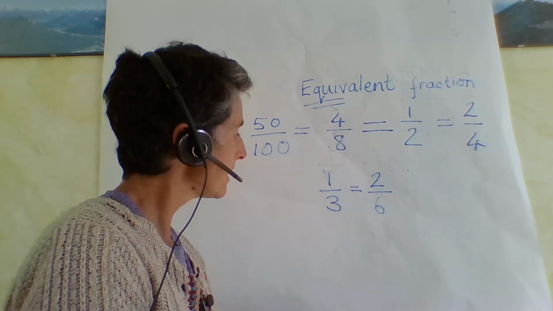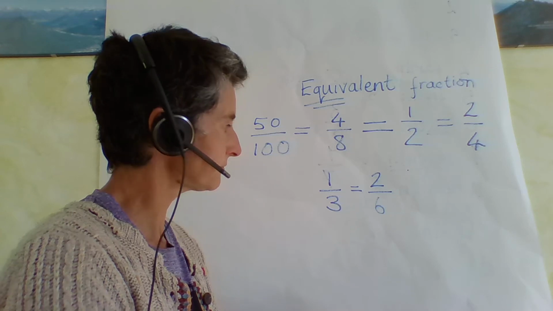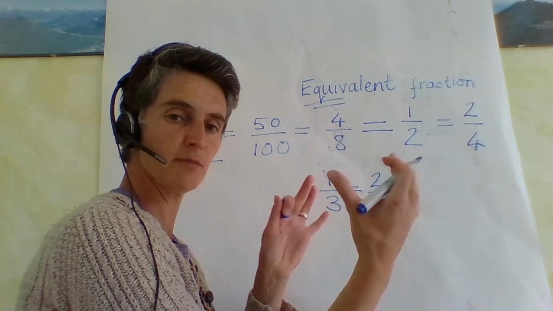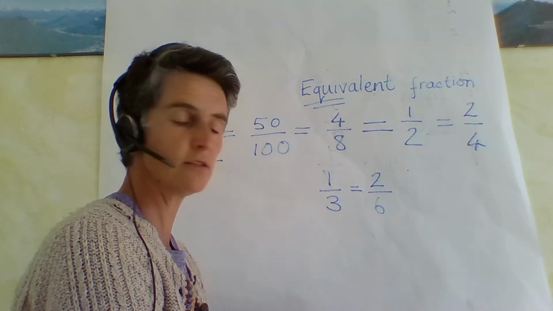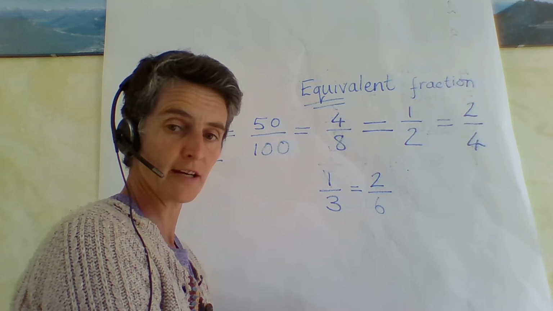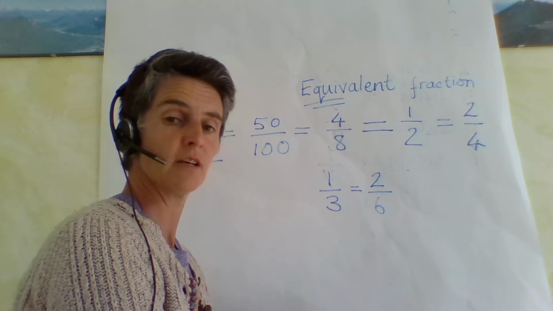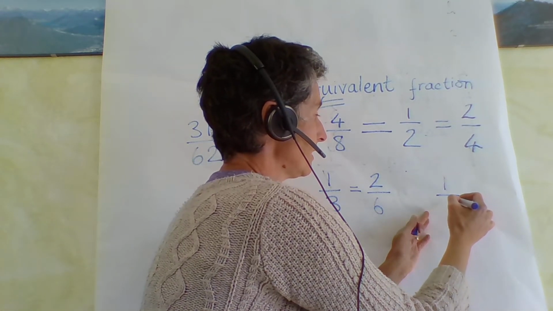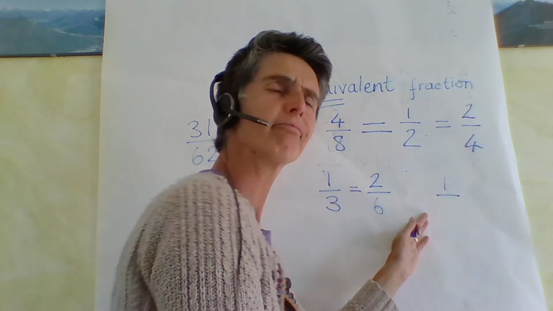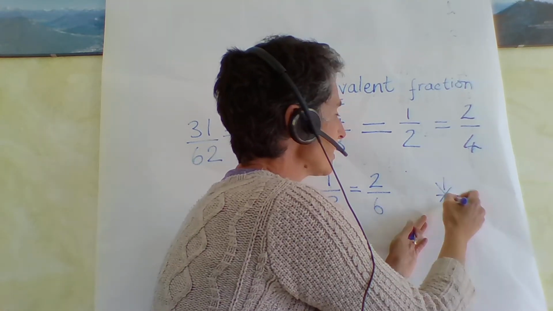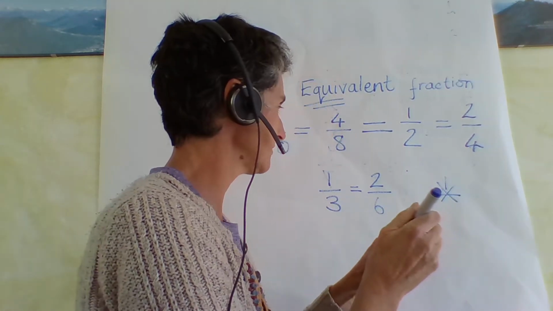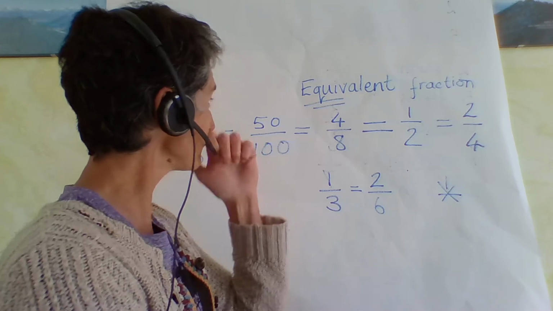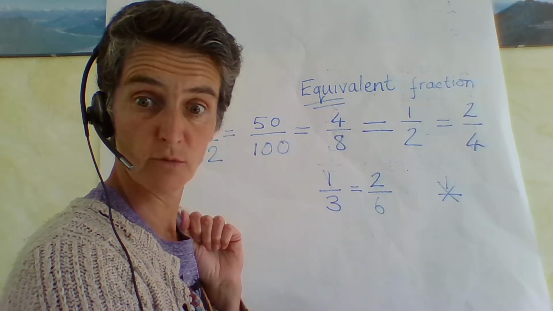Okay, so there are others that link up together. 2 out of 6. There are some fractions that just don't have an equivalent. Okay, for example, no, actually, you know what? I'm not going to go there today in case we get ourselves in a pickle. Okay, in case I get myself in a pickle, more to the point.